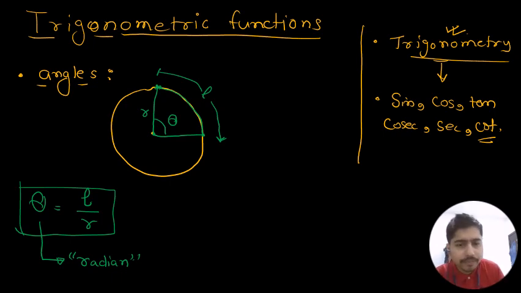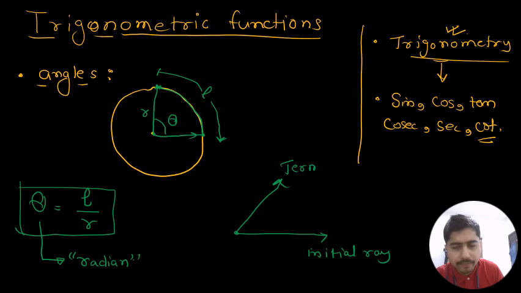Whenever we are drawing angles, we need two rays. The first ray is called the initial ray, and the other ray is called the terminal ray. The initial ray is a fixed ray, and the terminal ray is the moving ray.